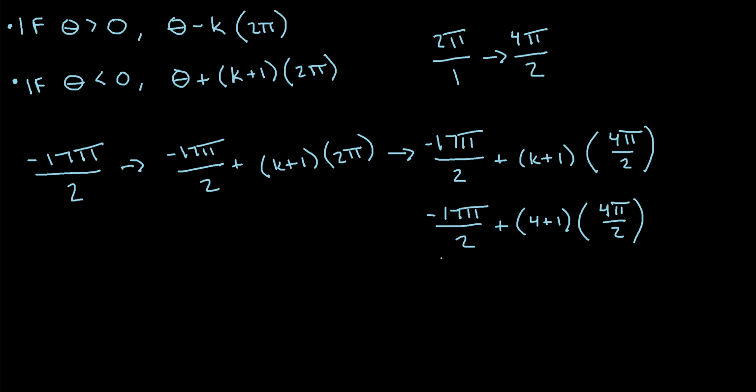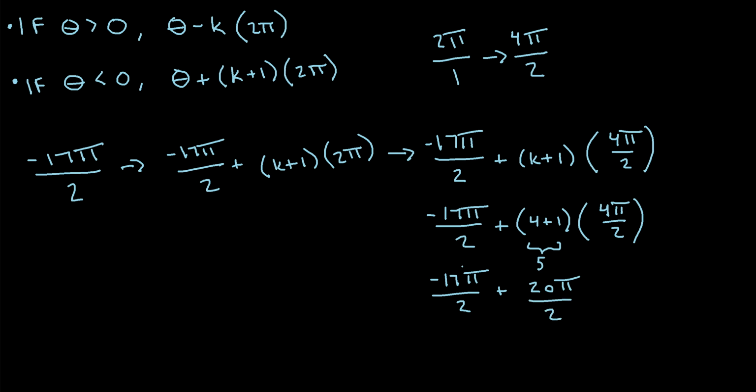Okay, so we just need to simplify. So we get negative 17 pi over 2 plus, so 4 plus 1, that's 5. So we do 5 times 4 pi over 2. So 5 times 4, that's 20 pi. So we'll get 20 pi over 2.